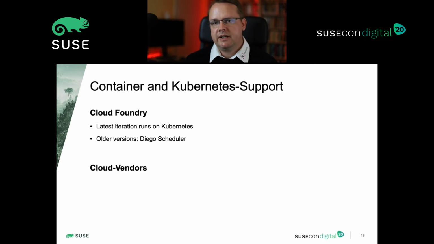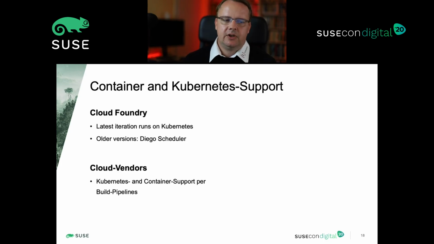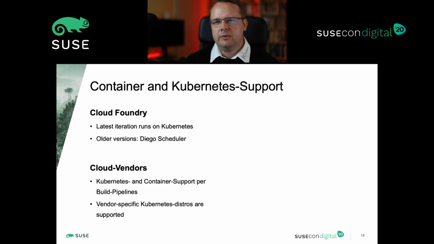Cloud vendors, on the other hand, provide us with Kubernetes and container support via their build pipeline. So you can create your build pipeline, and you can bring in Dockerization and containerization approaches and deployment approaches to your Kubernetes platform. But speaking of Kubernetes, they tend to just support their own specific Kubernetes dialects and distributions.